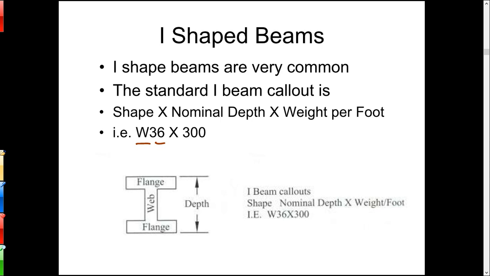They might be 34, 35, 36, 37, somewhere in there. They don't manufacture them all to be exactly 36, but they're all about 36. So they group them together and call them W36s. And then the weight per foot is 300 pounds per foot. Designers want to know that number because it's a big part of the load that they're designing for.